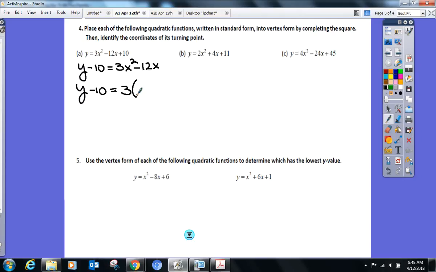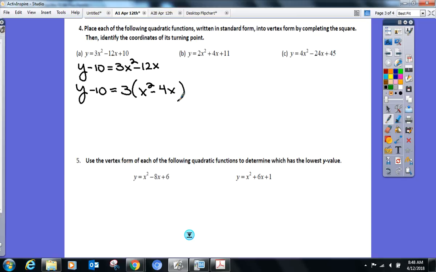X squared with an A value of 1 minus 4x. Just take a look at what I did up there. I moved the C value over, and then I made the A value 1 by taking out a GCF. Now do you see what you have in your parentheses? What's your A value? 1.